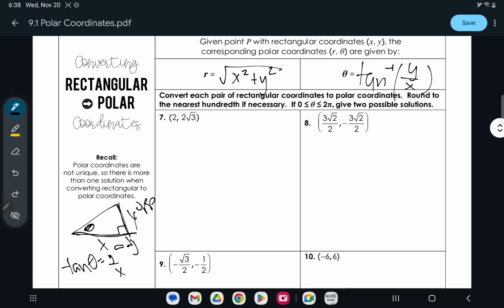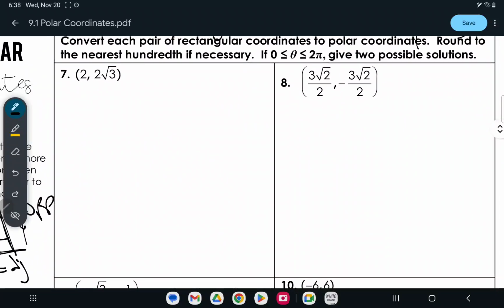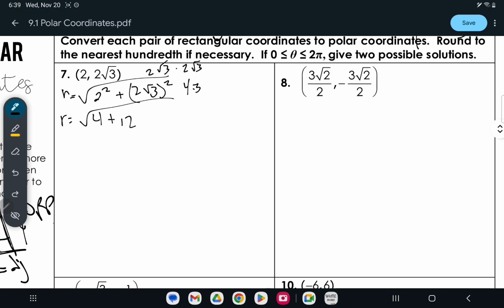Okay, so we're going to convert it, and we're going to be between 0 and 2 pi. It says give two possible solutions. We're just going to do one. So, r is the square root of x squared plus y squared. So 4 plus, let's see, 2 root 3 times 2 root 3 is 4 times 3, so 12.